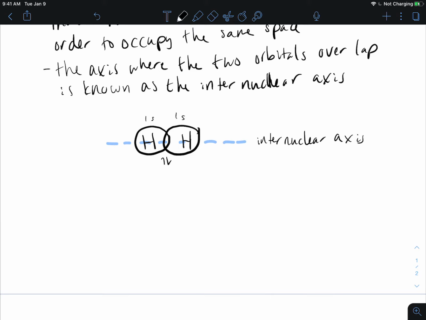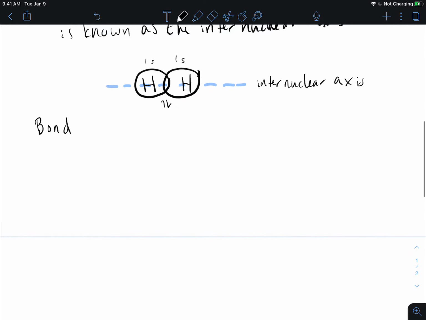The negative charges of the electrons are going to be attracted to the positive charges of the nucleus or the protons. And then electron-electron or proton-proton, those are going to cause repulsion. So when we're thinking about a bond distance, it's going to be a balance between those attractive and repulsive forces.